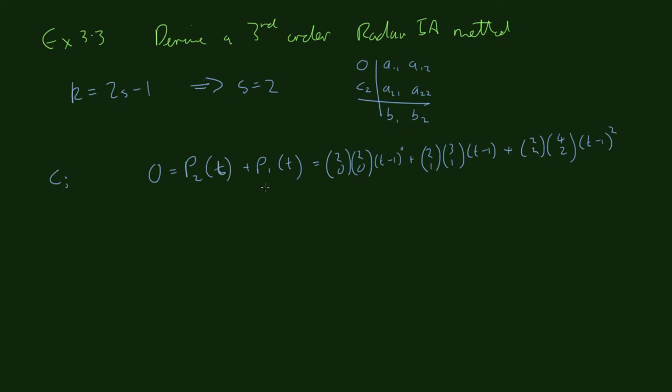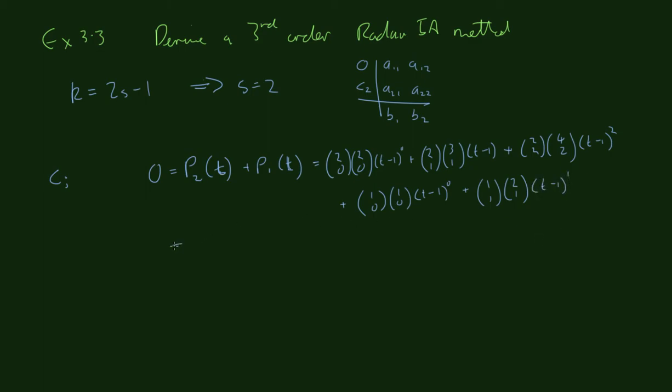P_1(t), so that's going to be 1 choose 0, 1 choose 0, (t minus 1) to the power 0, plus 1 choose 1, 2 choose 1, (t minus 1) to the power 1.